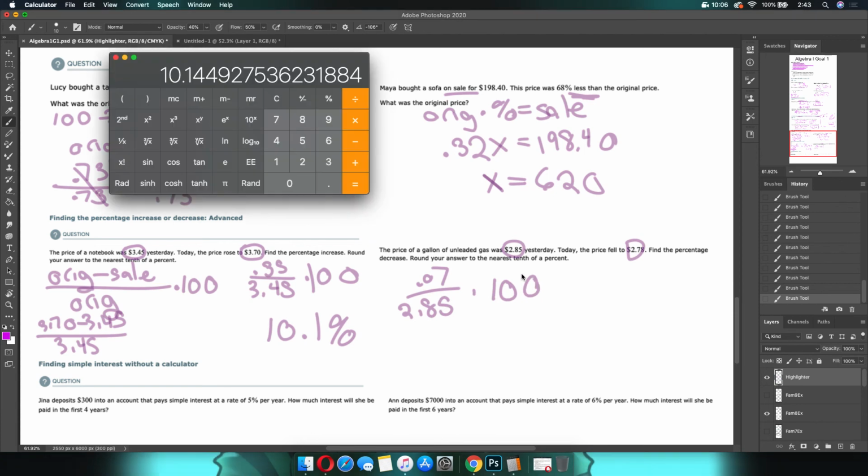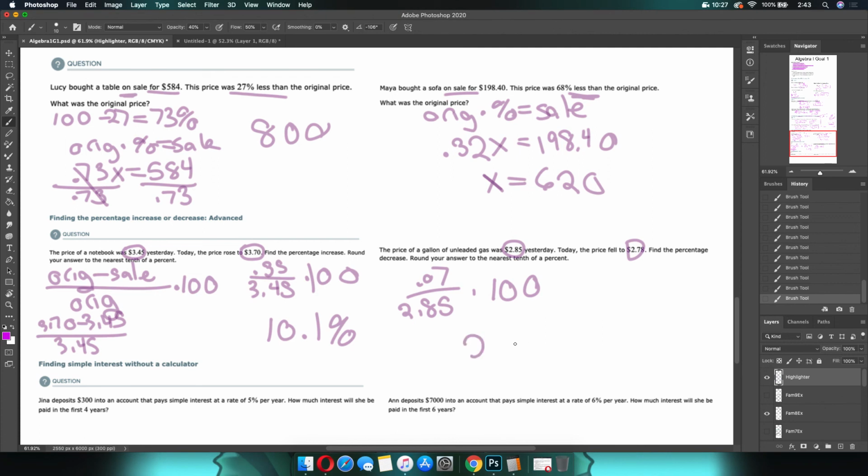Okay, so what is 0.07 divided by 2.85 times 100 equals 2.5%. Because remember, your 5 is your decision maker. 5 makes me round, so the 4 becomes a 5. So it'll be 2.5%.